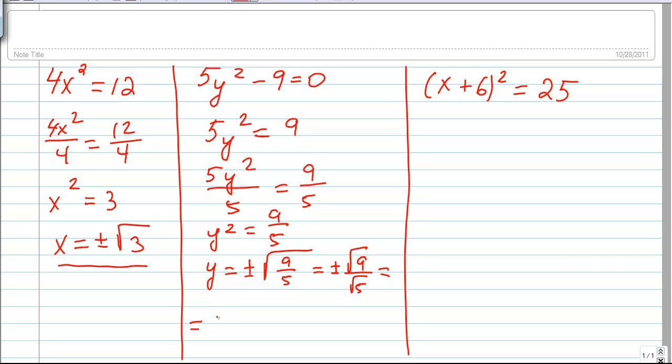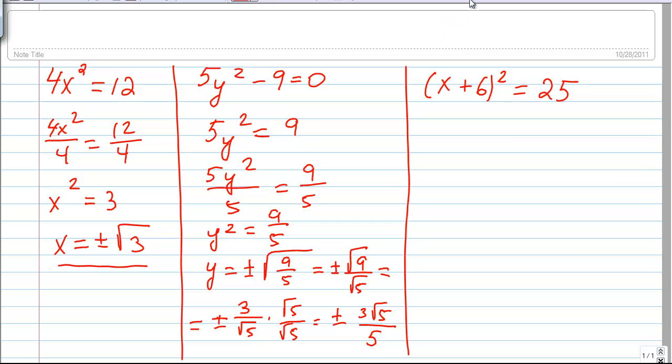And also, since we see that 9 is a perfect square, it comes out as 3, but we still have radical 5 in the denominator, and we need to rationalize that denominator by multiplying both by radical 5. So the final answer becomes 3 radical 5 over 5. This is our final answer for this problem.